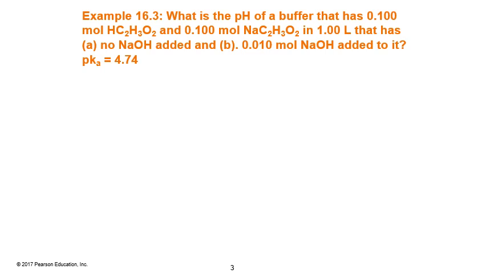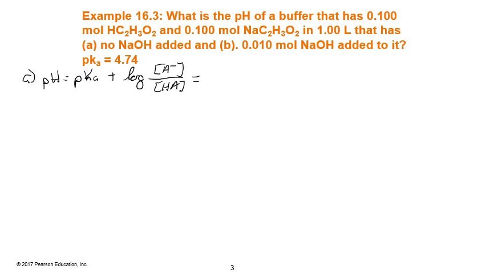Let's look at an example where we're calculating the pH of a buffer that is 0.1 moles of acetic acid and 0.1 moles of sodium acetate in 1 liter of solution. We're going to look at two different cases. Let's start with no sodium hydroxide added. To calculate that, we use the Henderson-Hasselbalch equation, which is the pKa plus the log of the basic form over the acidic form.